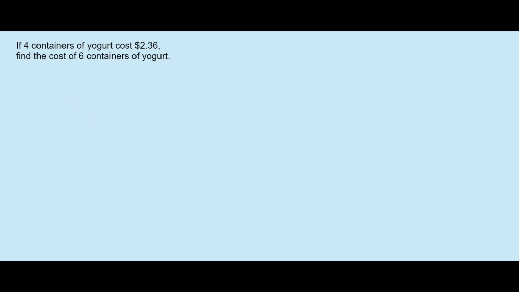So you could do $2.36 for 4 yogurts and then divide $2.36 by 4 to get you 59 cents per 1 yogurt, and then multiply that by 6 to get 3.54 for 6 yogurts. You could do it that way.